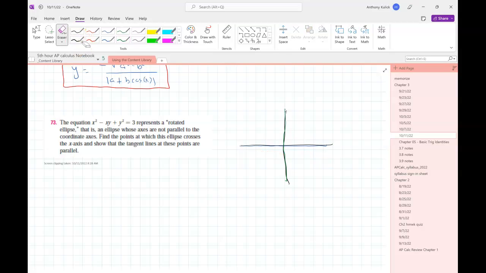What we're talking about here is going to be something like this. Everybody's okay with at least the verbiage of what they're talking about? I'll graph this in a second so you can actually look at it. It says find the points at which the ellipse crosses the x-axis. So what is that going to be? That's finding the x's when y is 0, right?